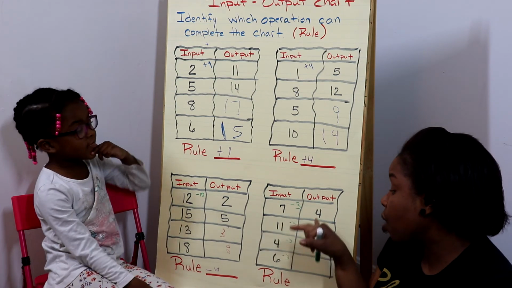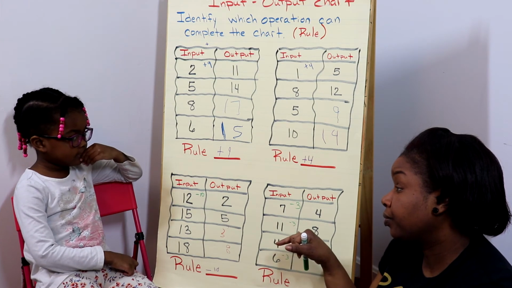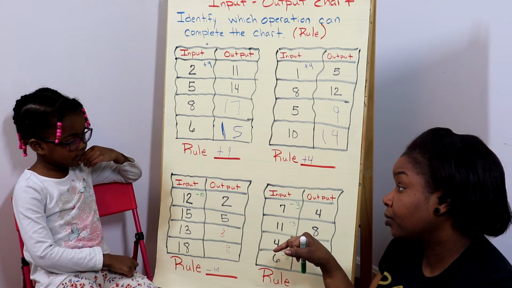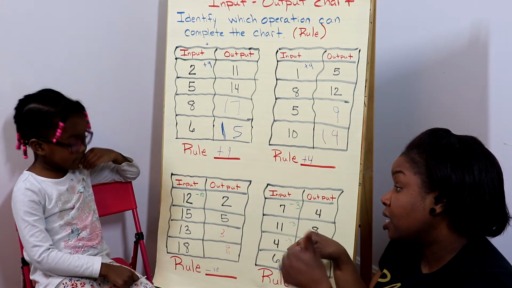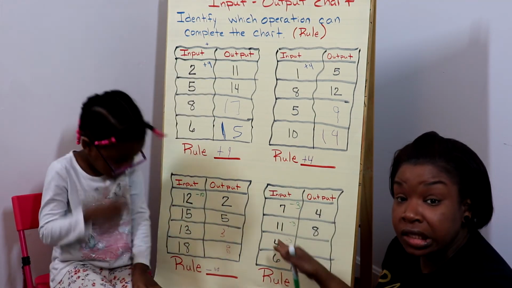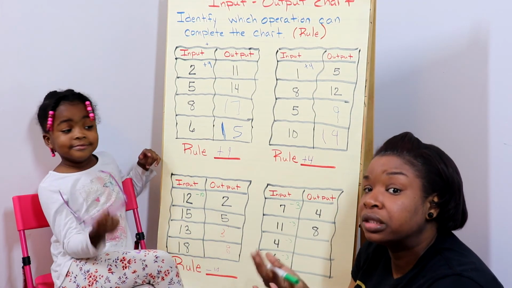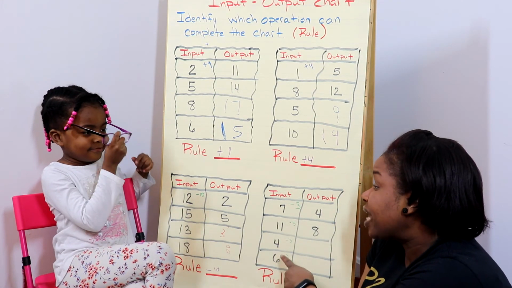Yes. Okay, does 8 plus 3 equal 11? 8, 9, 10, 11. It does. So that is also a way you can have your children or students check their answers. Now, let's finish these last two.